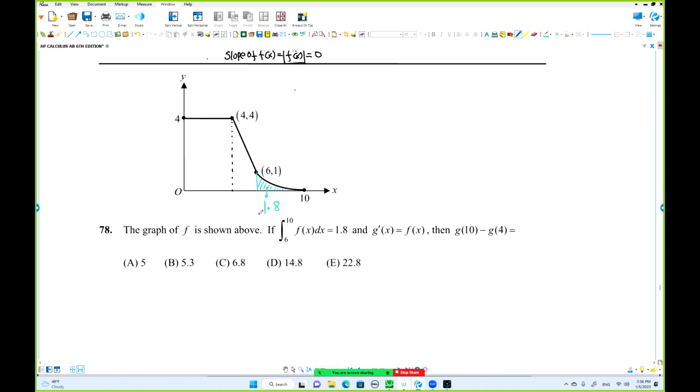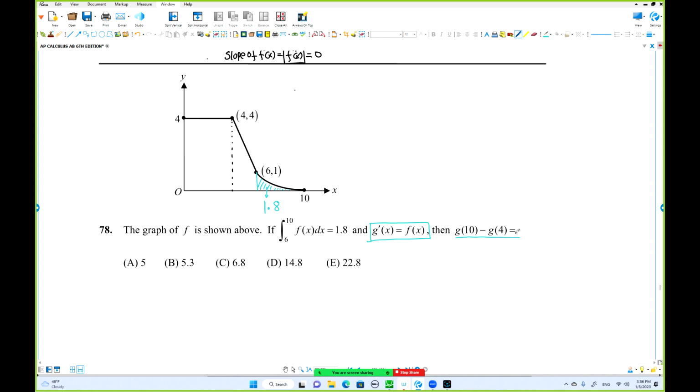And g prime of x equals f of x. This graph is also the derivative function of some function g of x, okay? And then we're going to find g of 10 minus g of 4.